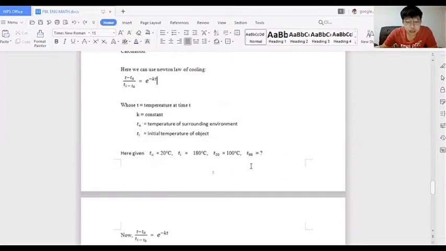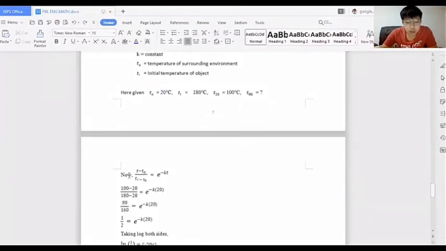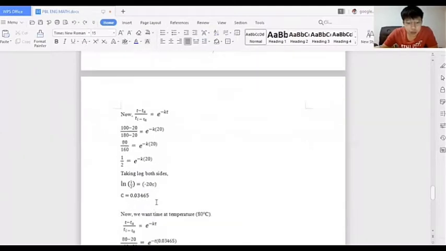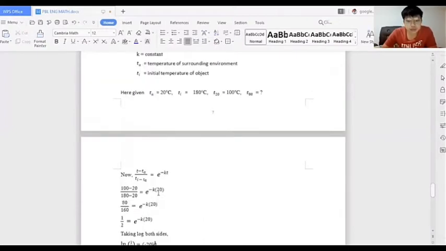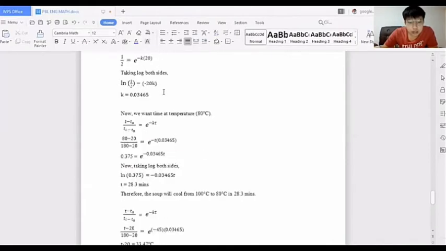Here, given all this information, we sub in all the values, and we got the constant equal to 0.03465. This is the value of k, which is the constant.